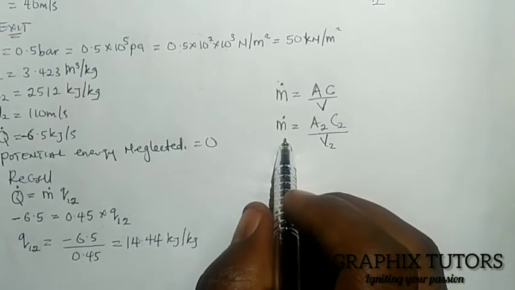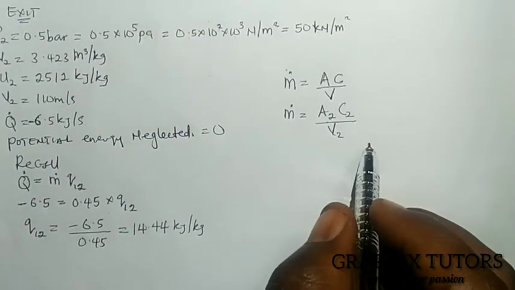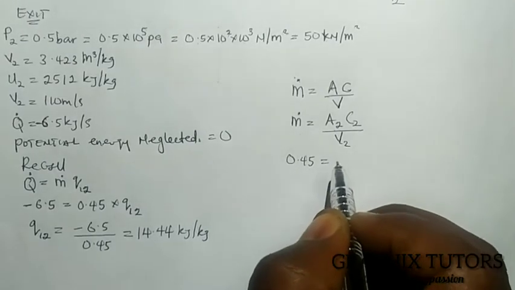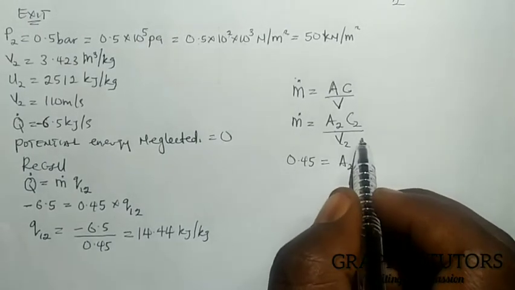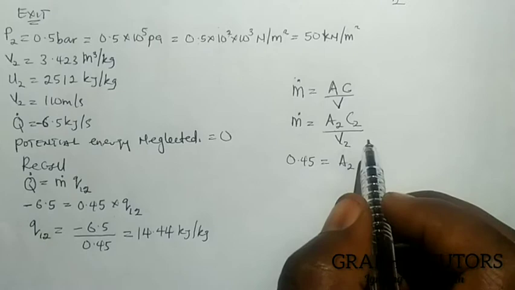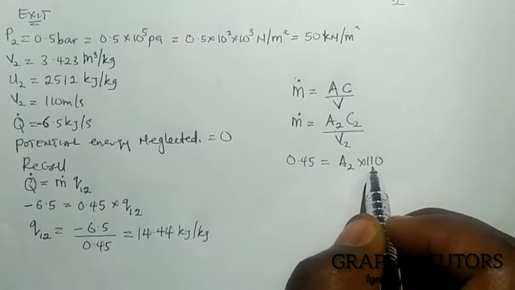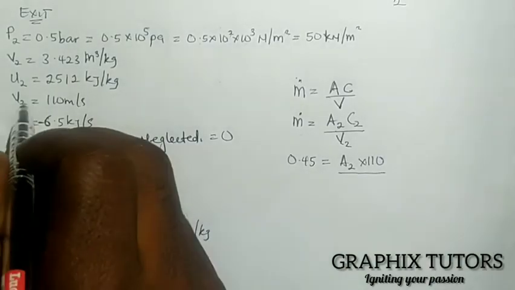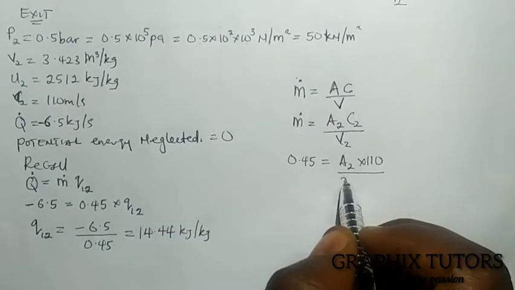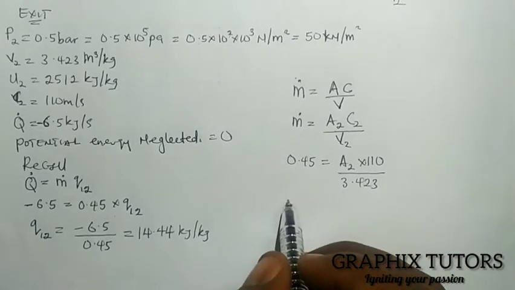My mass flow rate is given as 0.45, so I input 0.45 equals A2 multiplied by C2, where C2 is given as 110, all over V2, which is given as 3.423.